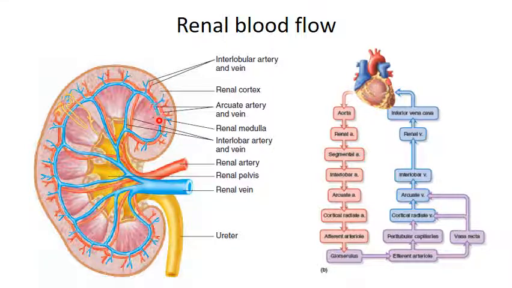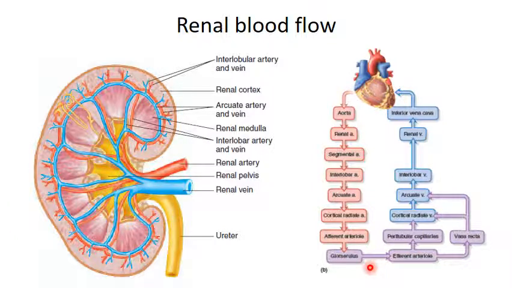Then from the interlobular vein, blood drains into the arcuate vein, which runs parallel to the arcuate artery. Then from the arcuate vein, it enters the interlobar vein, then goes into the segmental vein and then the renal vein, and then it is finally returned back to the heart.